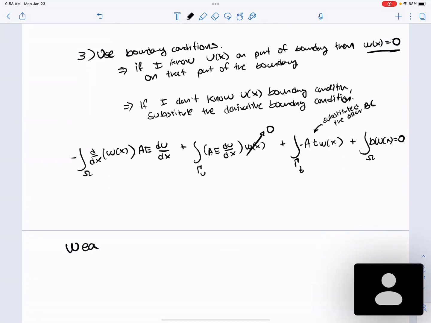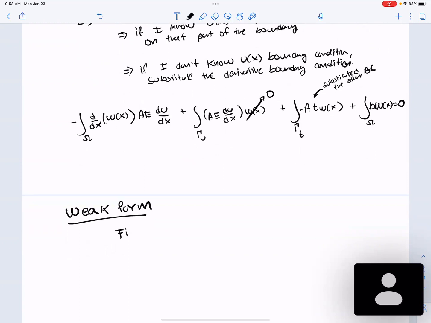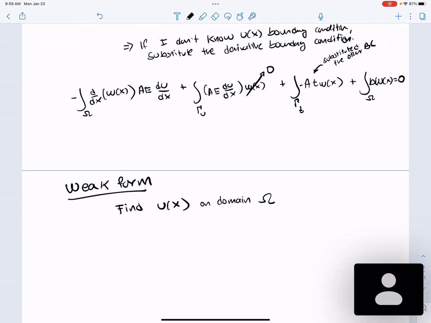So the weak form is going to be: we want to find the displacement on the domain omega that satisfies the essential boundary condition.